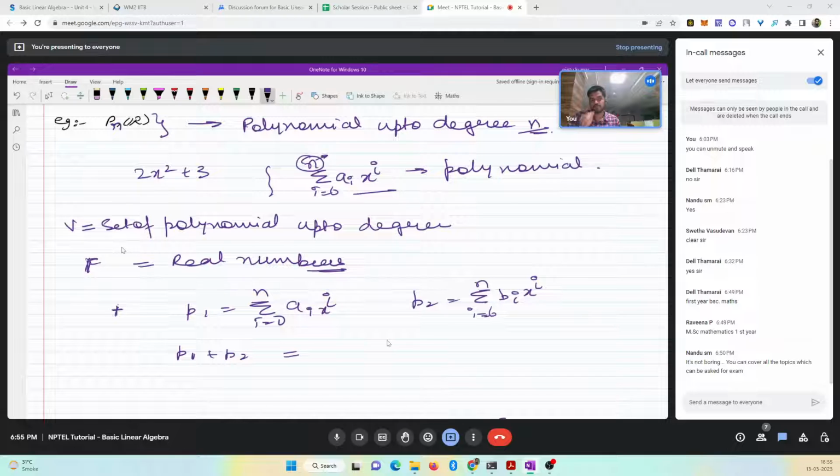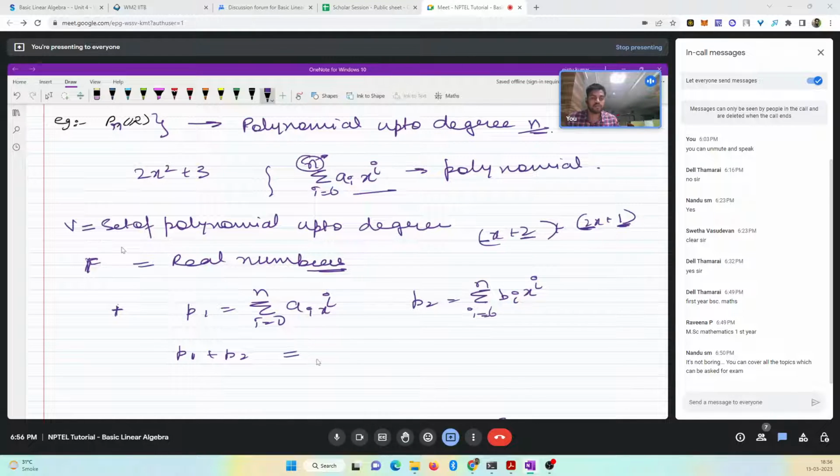Let's say you have x plus 2, and you add it to 2x plus 1. What do you do? You add the coefficients of x together, and then you add the constant terms together.